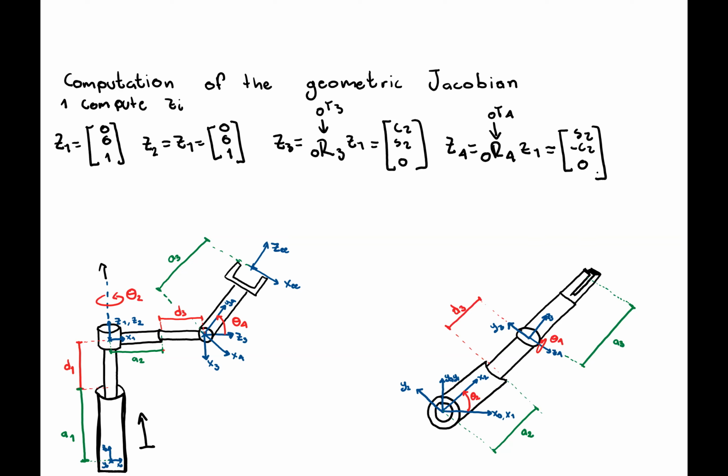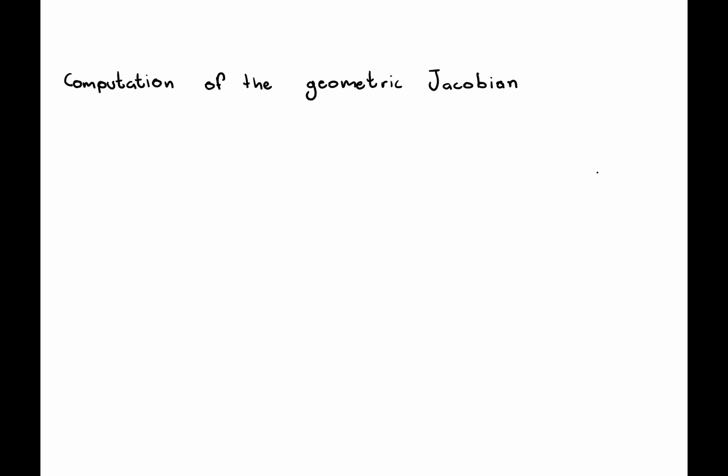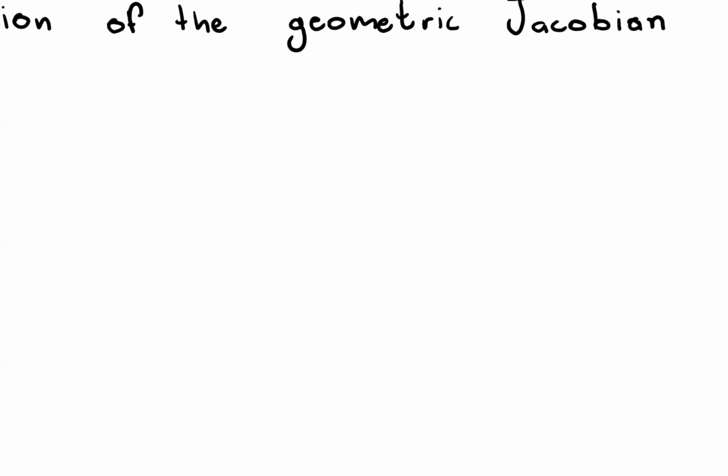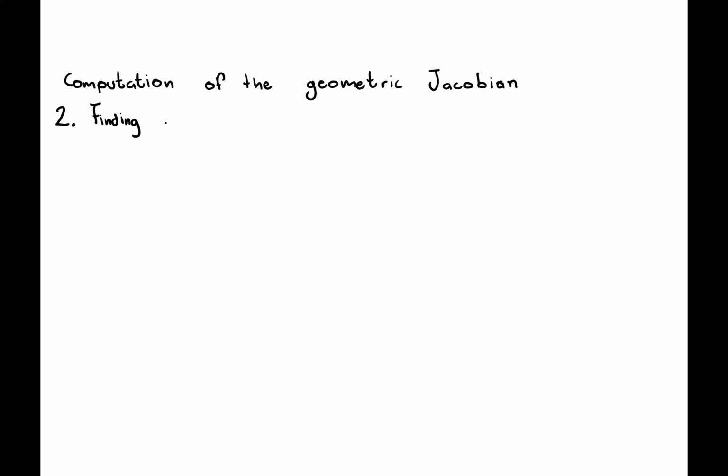Now that we have all of them, we go to our second step, which is finding our 0p_i from 0T_i. And here I'm just going to copy directly from the matrices.